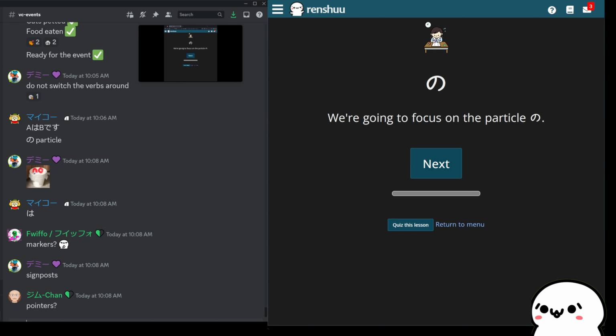And as we're going to see with the wa particle before, with this no particle, and many of the ones that we will learn in the future, a lot of them don't have explicit translations where we can say this particle exists as this English word in the translation. However, this particle has a job. It's pointing to something in the sentence and it's giving us information about that.